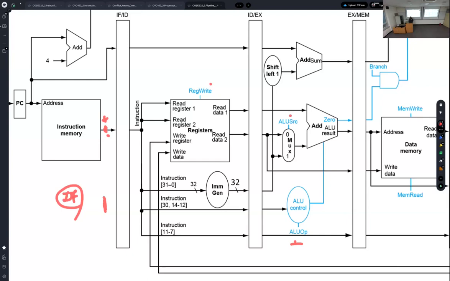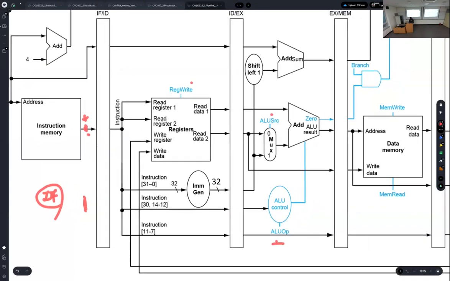You need to consider that every combinational logic has delay. In this figure you can get the instruction, but it is generated at the late part of the instruction fetch cycle.